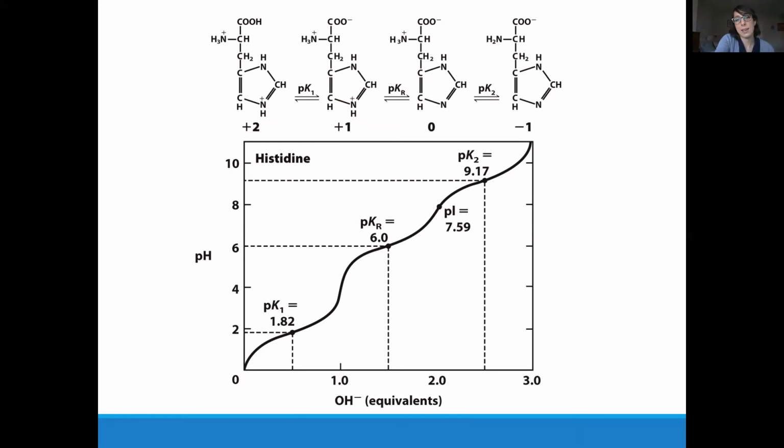What we're looking at here is the series of histidine going through different charge states by each acid dissociating a proton. You can see that in its initial state here at a very, very low pH, our carboxylic acid has yet to dissociate its proton.